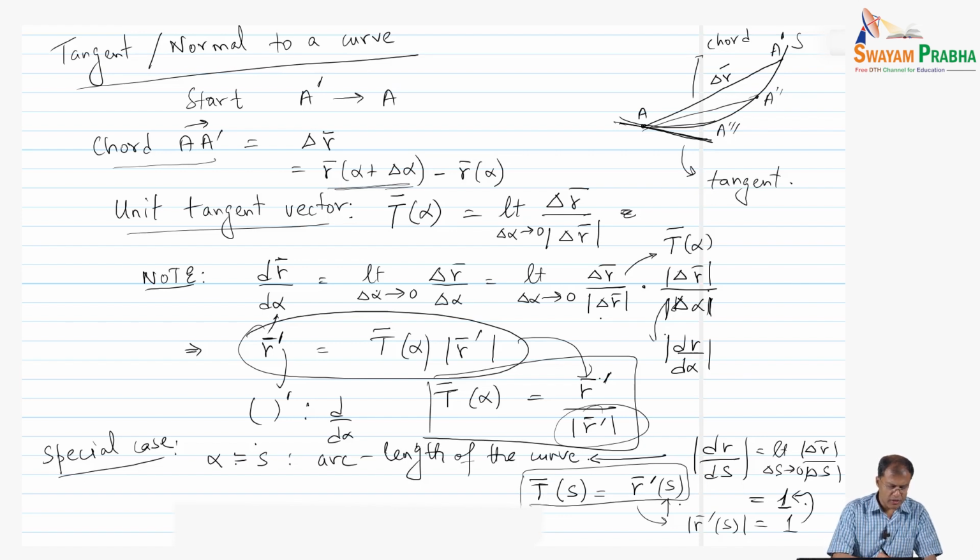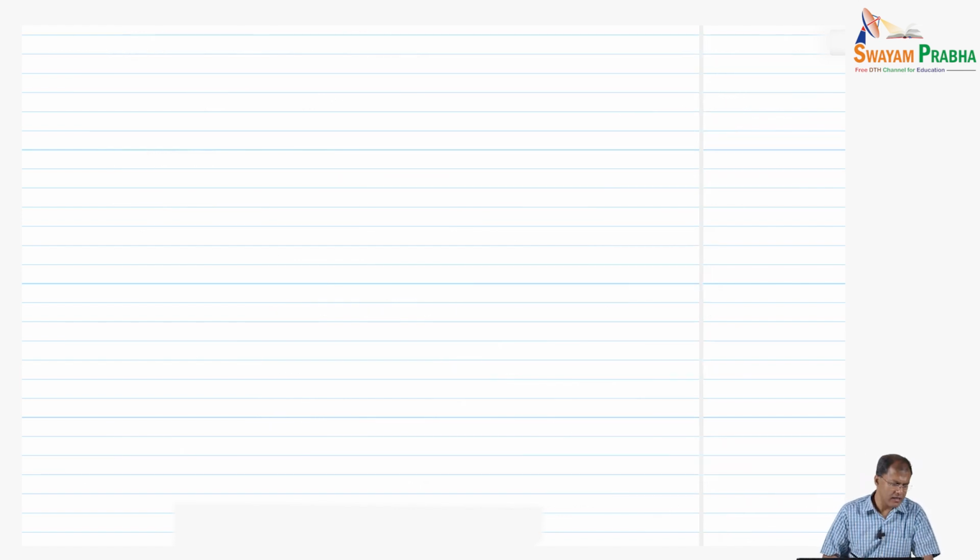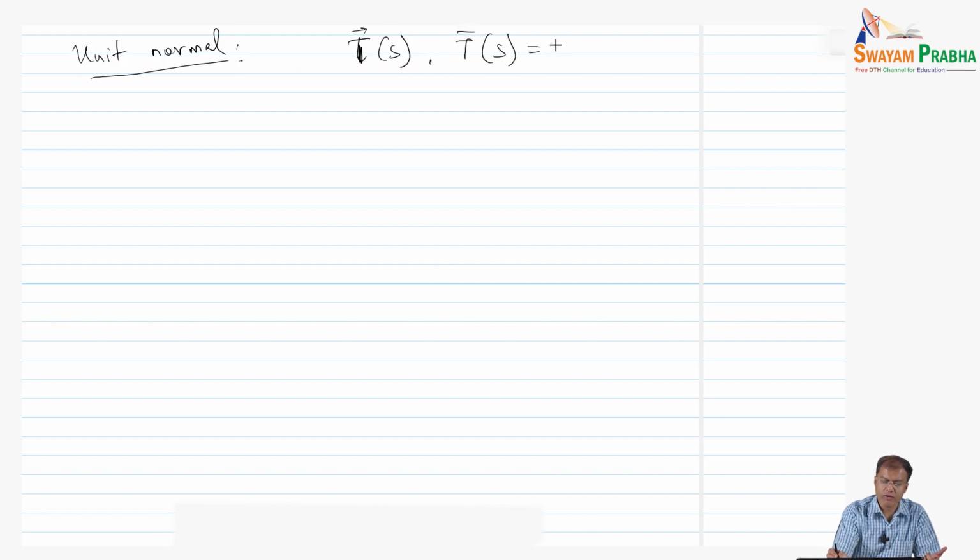So far we have looked at the tangent vector. Now let us try to find the normal to the curve, right? So the unit normal. Okay, so now we have the tangent vector T of S, right? This is a unit tangent vector, which means T of S dot with T of S is going to be 1.